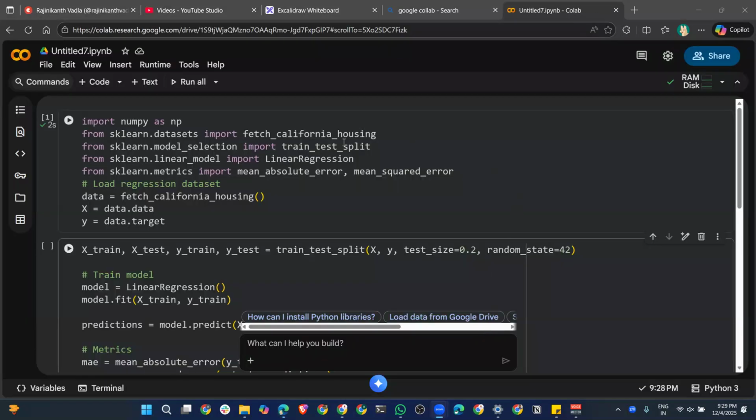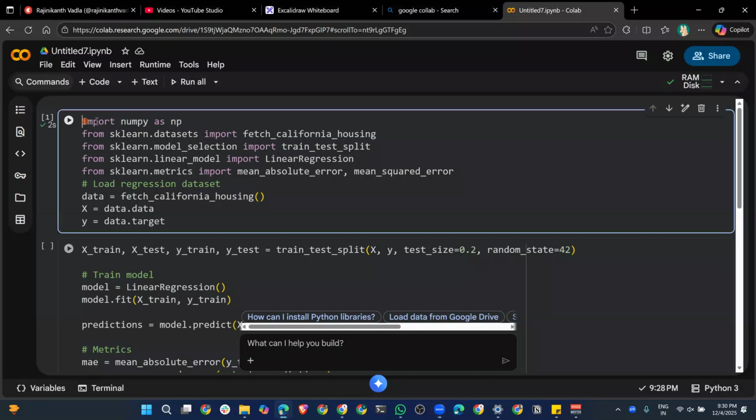Open Google Colab. Let's understand regression. Here you can see import NumPy as np for the numeric things, and here fetch California housing. You are directly importing this dataset, and the necessary things, such as linear regression.